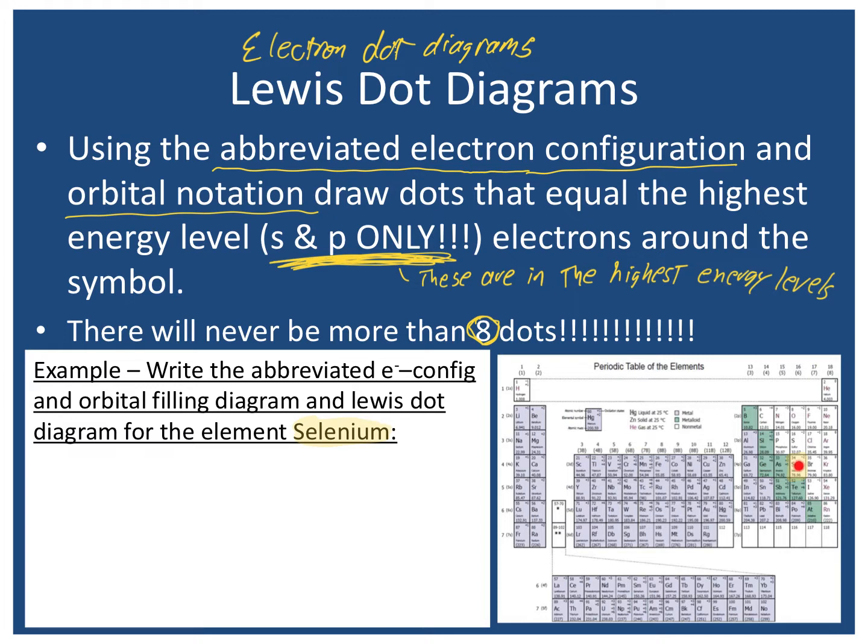If I look at element 34, I go up and to the noble gas to start my abbreviated configuration. What I find is that argon is the noble gas in the row above selenium. So again, here's selenium, up and over, there's argon.